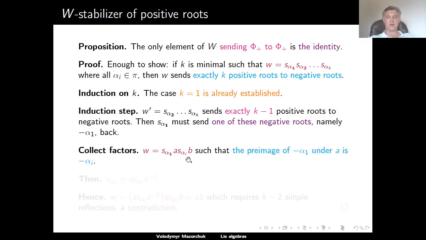So we can write W in this form. But then, in this situation, the simple reflection with respect to alpha 1 is the conjugate of the simple reflection with respect to alpha I under the element A.